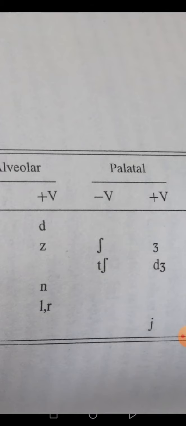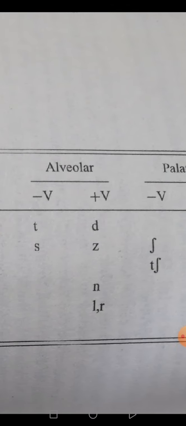The air goes through the side. You can feel it, not as when you say s. So the air goes in a straight line there. Here, no, it goes on the side of the mouth.